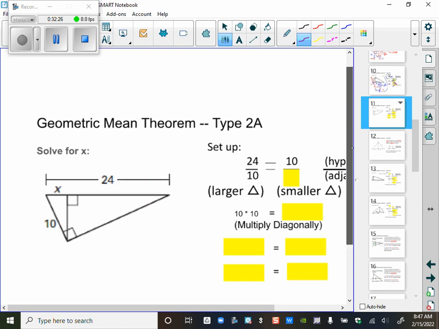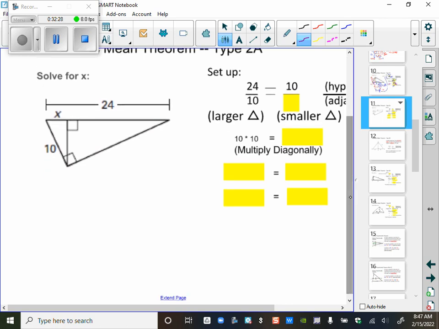Again, don't worry yet about this. Don't worry about this part. In fact, put an X here. Put an X there, but I'll tell you why. All right, let's talk about this.